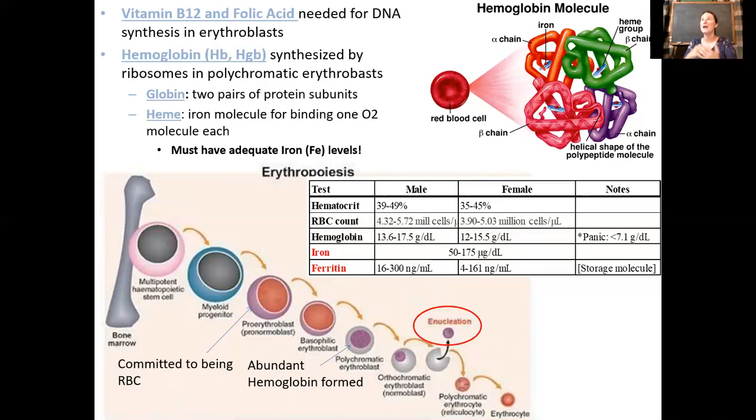And so pretty much we want to get rid of all those other organelles so that they're not taking up space. They're not making the cell really big and clunky and difficult to make it through things like capillaries. So once we have enough hemoglobin, we actually kick out, enucleation, all of the other organelles, leaving behind this sac of hemoglobin only.